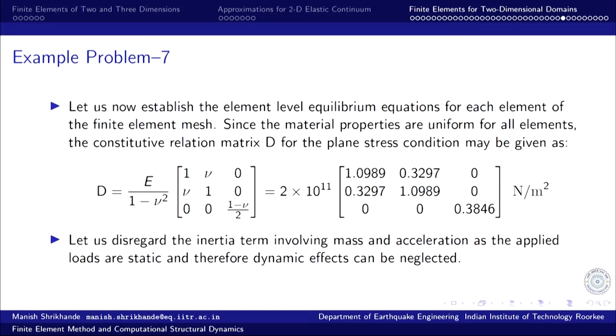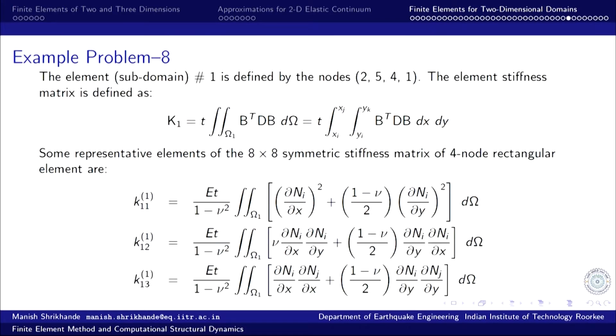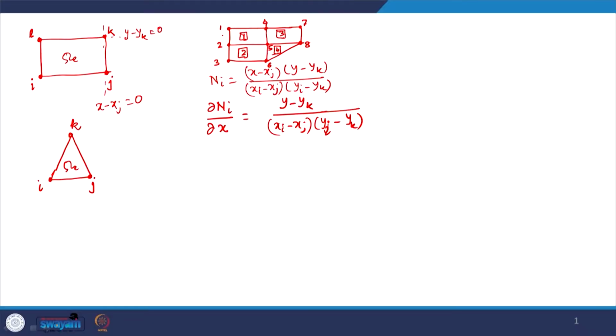So, now let us look at the formulation of the element level equation. We take element number 1, defined by nodes 2, 5, 4, 1, as the element of our discussion.